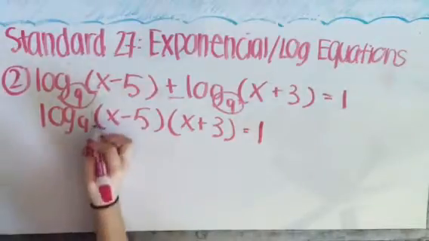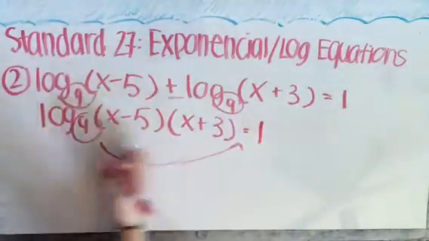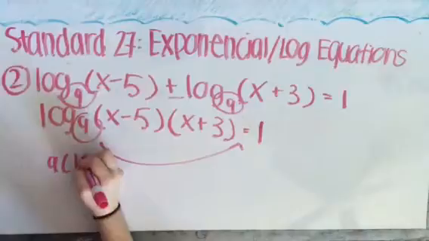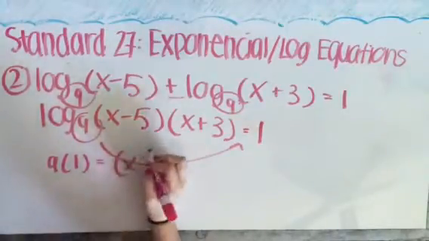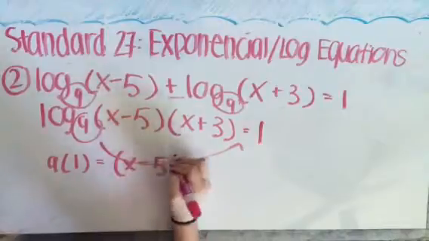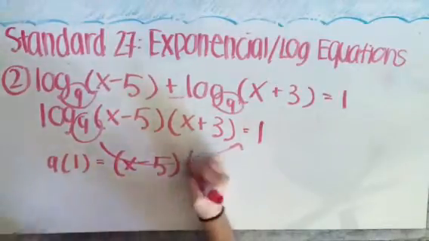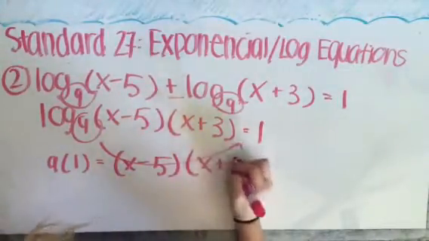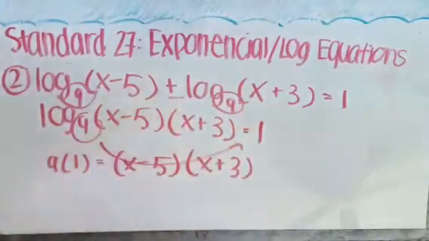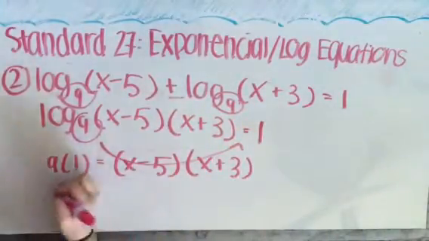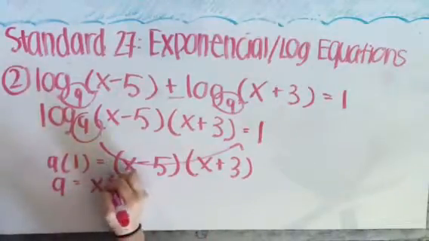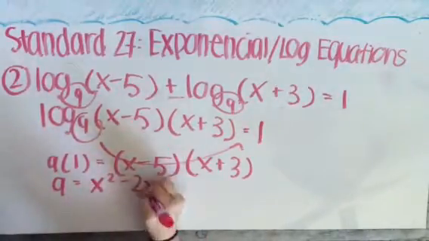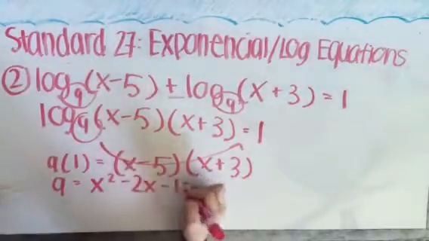Okay, so then you're going to take this 9, bring it over. So you have 9 times 1 equals x minus 5 times x plus 3. Once you multiply these across, you have 9 equals x squared minus 2x minus 15.